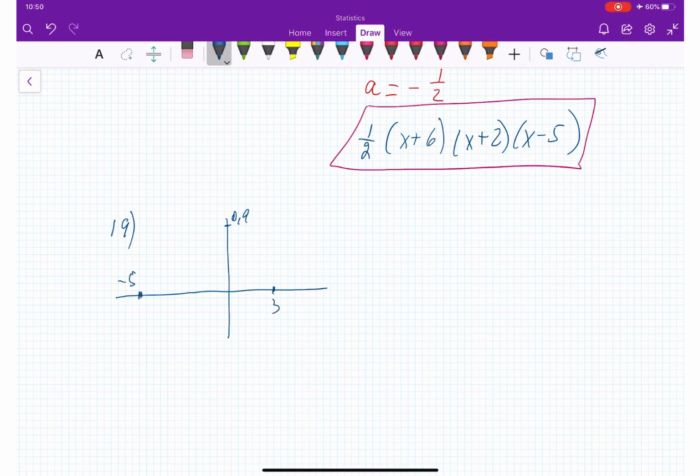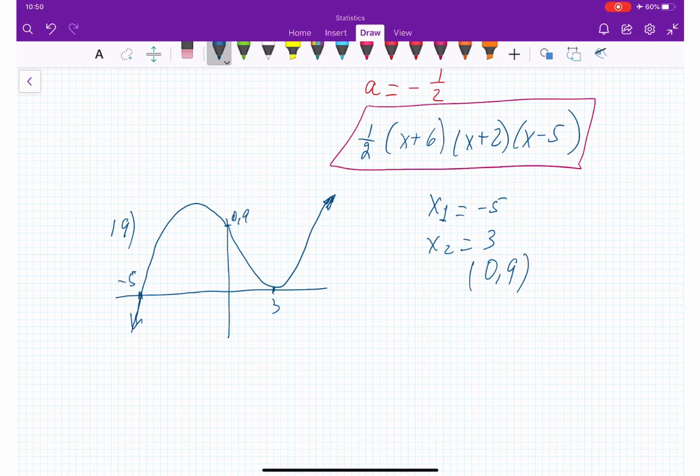So it's going to go like this. This is our graph. So x1 is negative 5, x2 is equal to positive 3, and we have this intercept 0, 9.